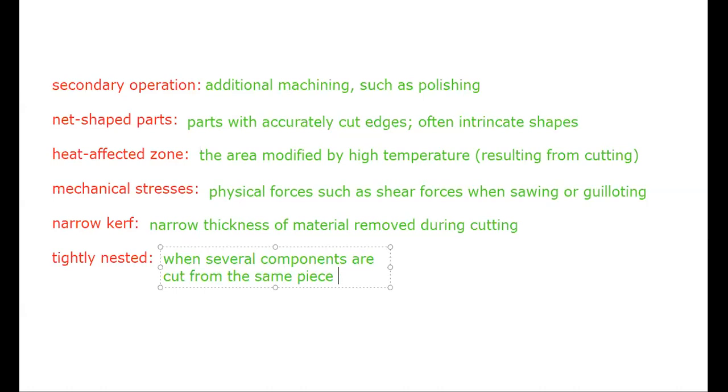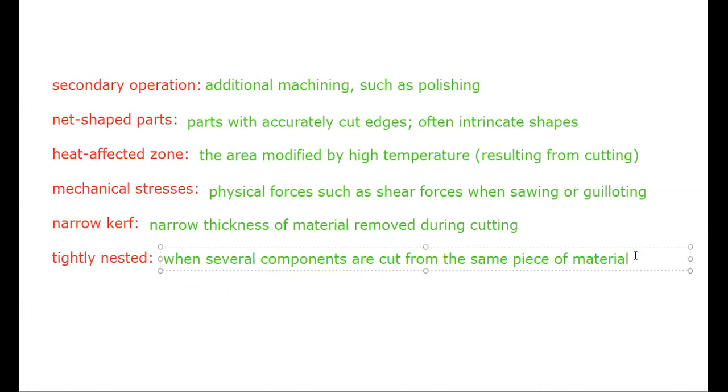So tightly nested refers to when several components are cut together from the same piece of material. Using what tool in this case? In the article they're talking about the UHF water jet. You cut the same material into different components, or different pieces of components.